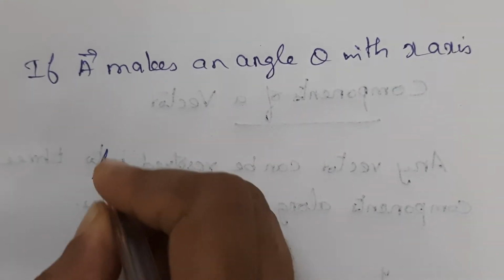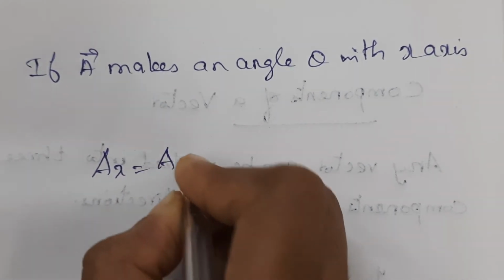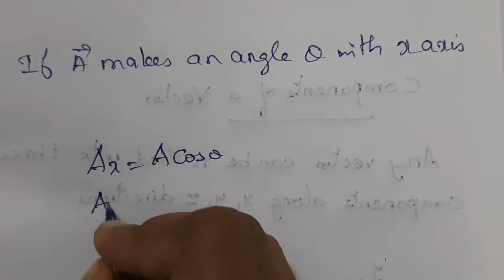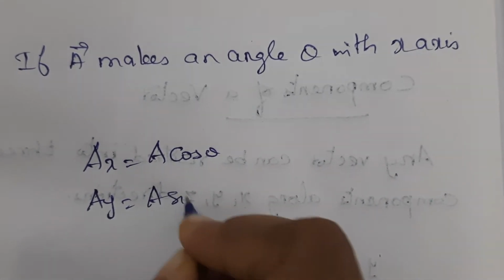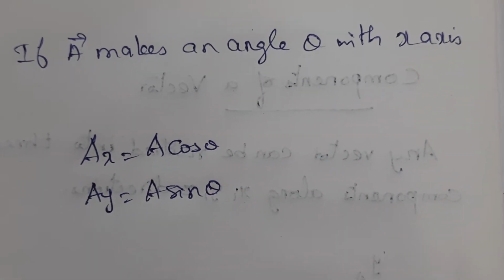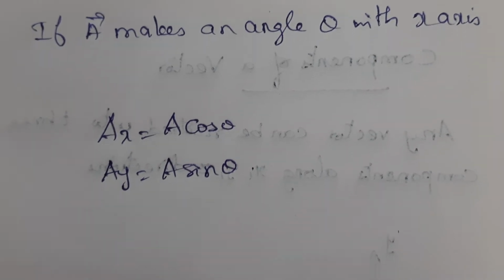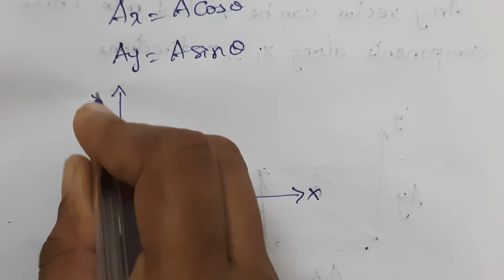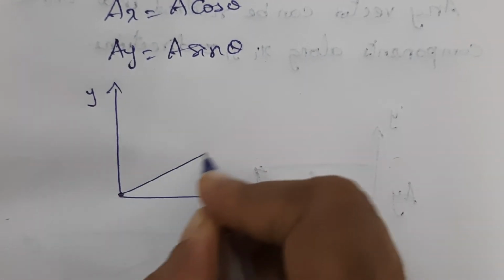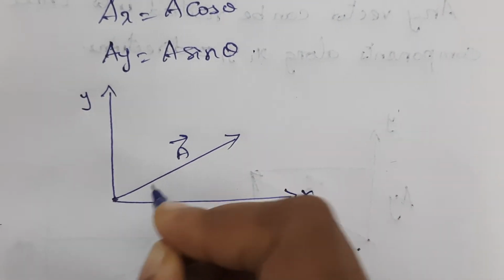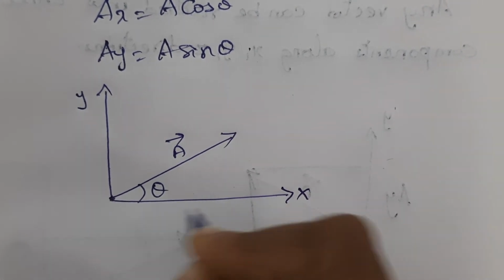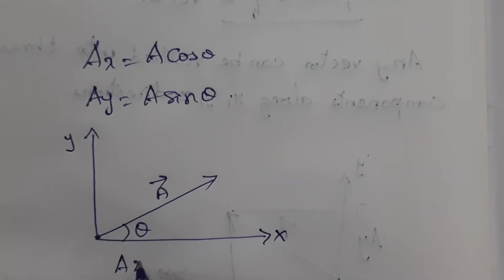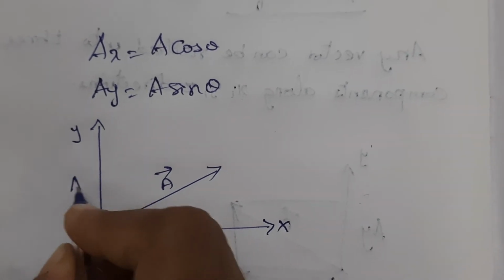We can write Ax equal to A cos theta, Ay equal to A sin theta. That is, this is the x-axis and this is the y-axis. So this is the A vector which makes an angle theta with the x-axis. We know that this is the Ax component, this is the Ay component.